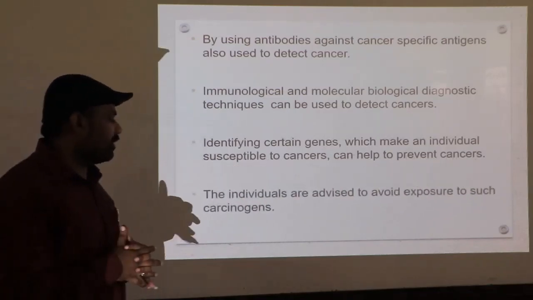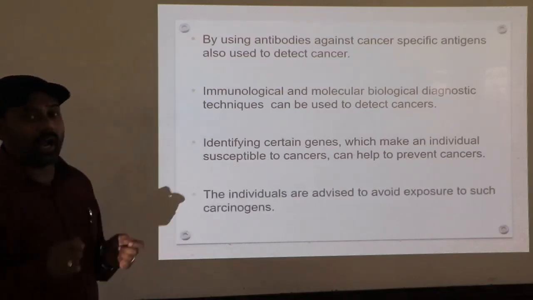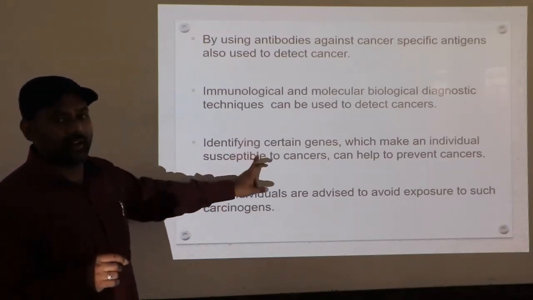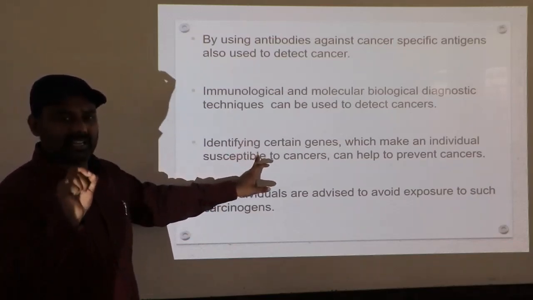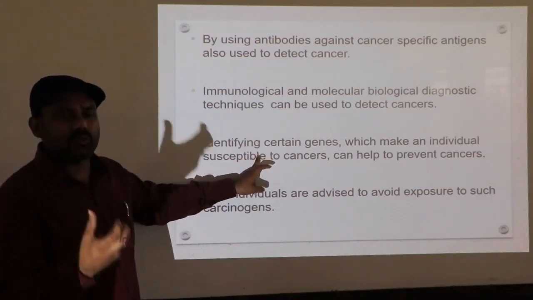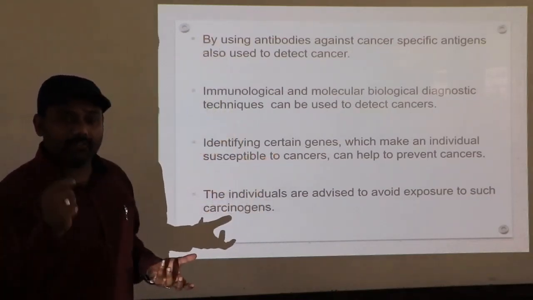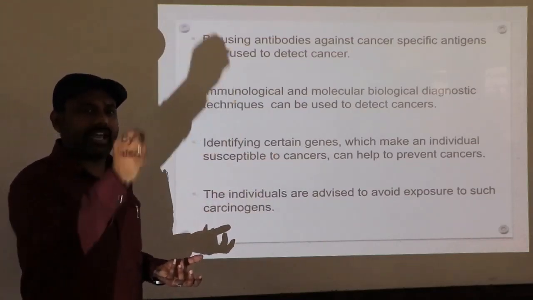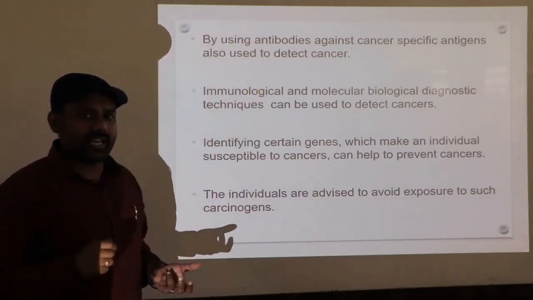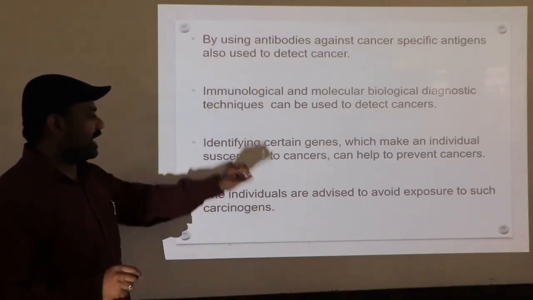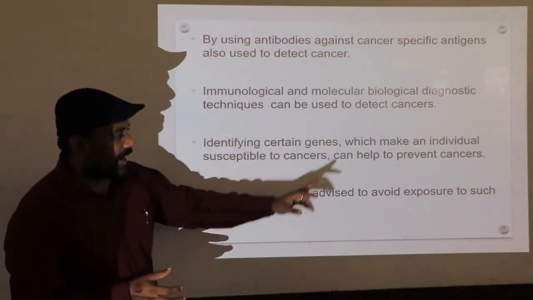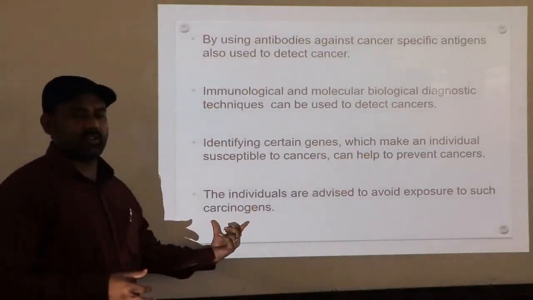Next, the individuals are advised to avoid, a very important word here, exposure. There is a chance for a normal gene to convert to a cancerous one, but only when that person is exposed to carcinogenic agents. So those individuals are advised to avoid exposure to such carcinogens.